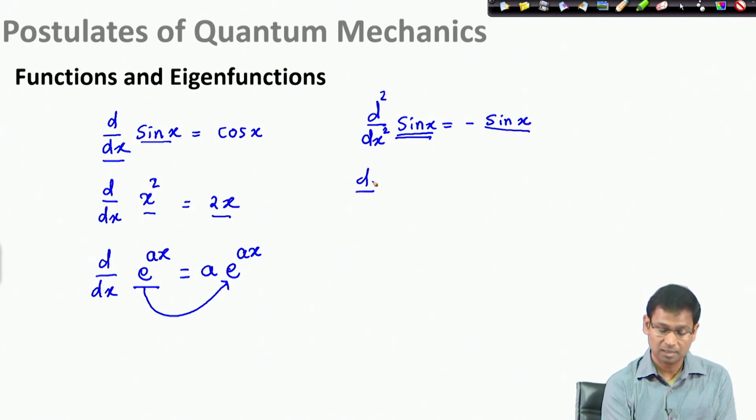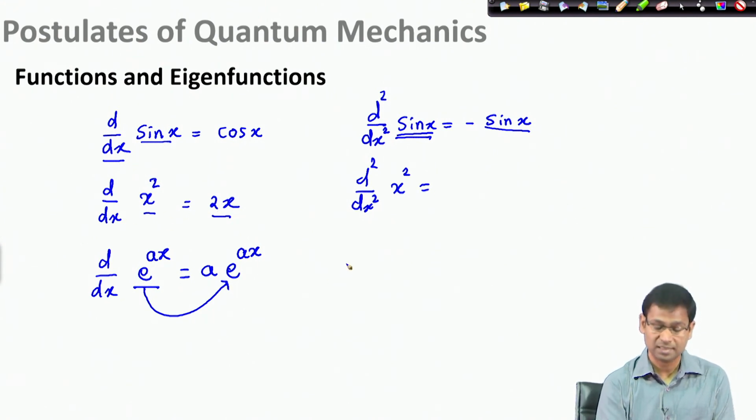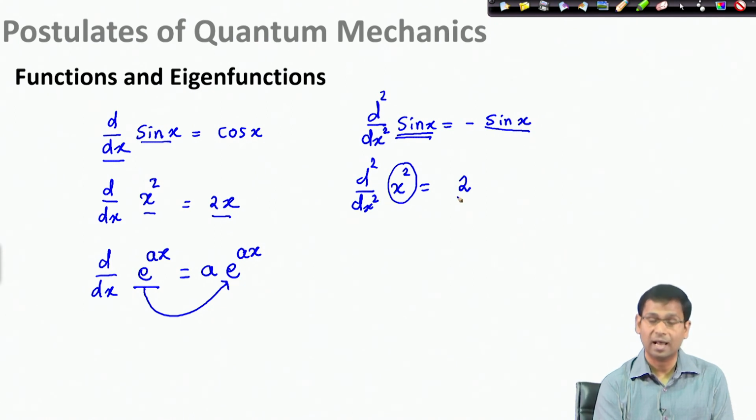So, let us look at the action of d square by dx square on x square. The first derivative gives me 2x, and when I differentiate it again I would get 2. So, what I see is that when I act d square by dx square on this function x square, I am getting another function which is 2 now.